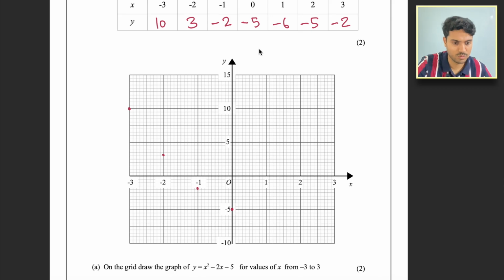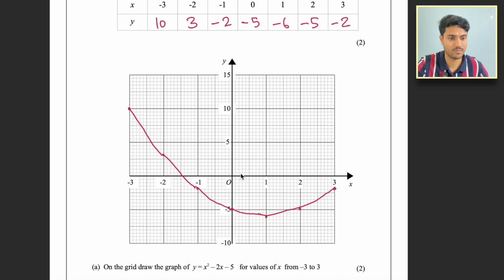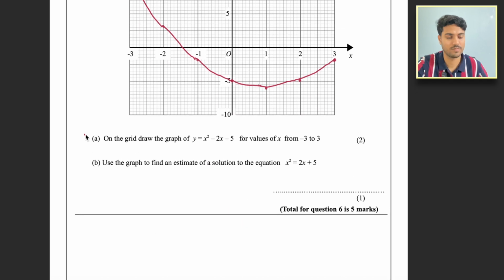So negative 2, 5, negative 2 is here. At 1 it is negative 6, so 1, negative 6 will be here. At 2 it is negative 5 again. At 3 it is negative 2, which is this one. So the graph will look like this. Yeah, so the first part is done.